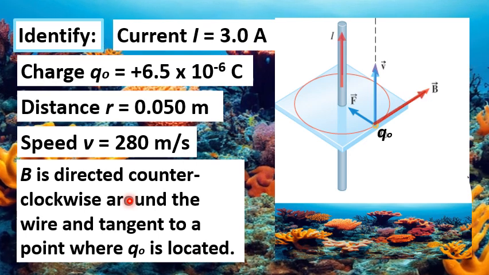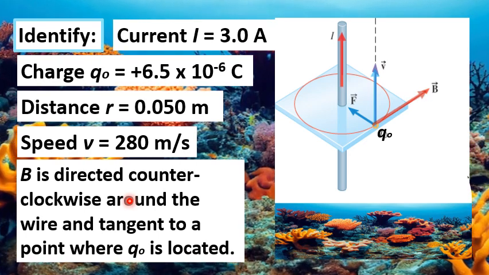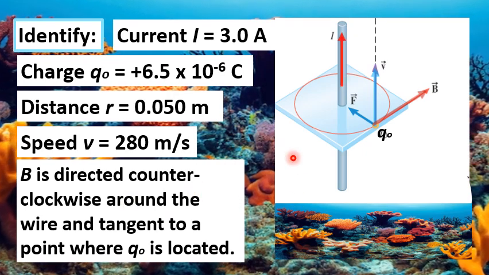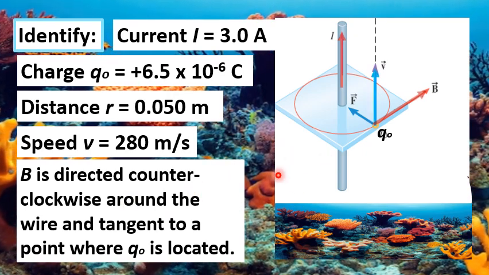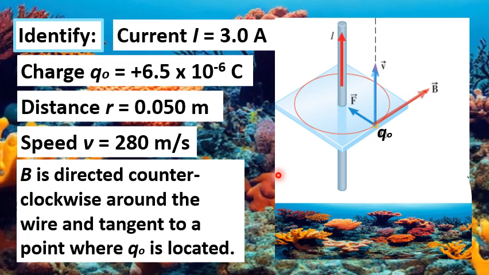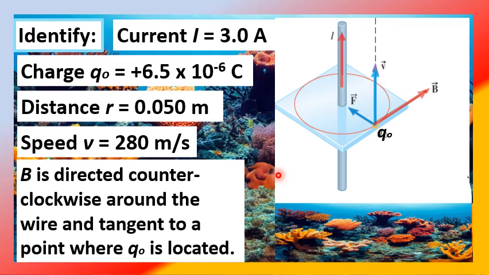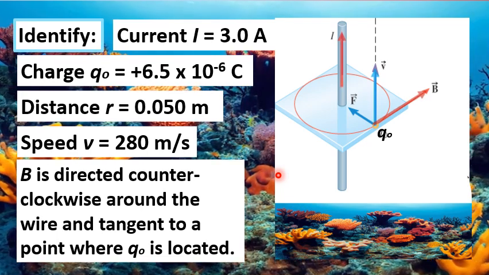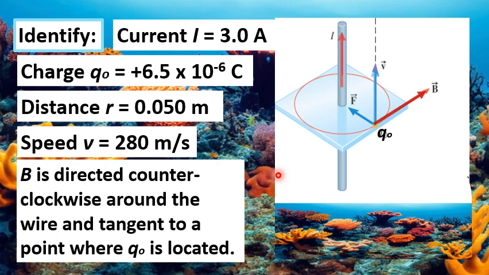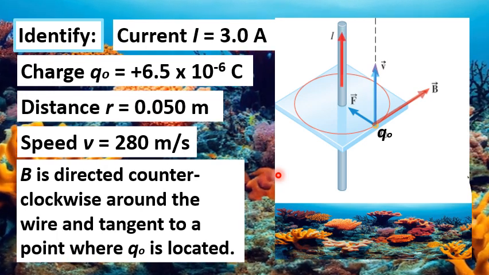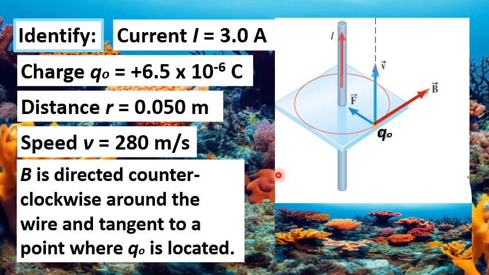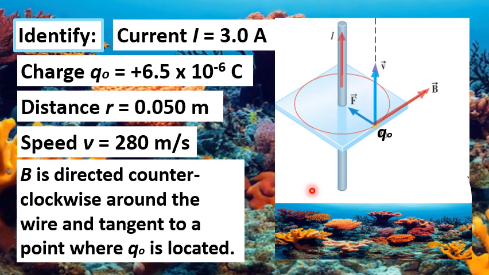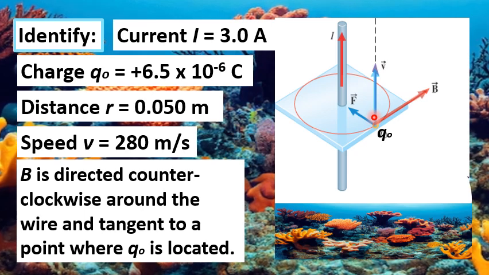Hence, at the point where Q naught is located, the magnetic field B is tangent to the point. So the magnetic field B vector and the velocity v vector form a 90-degree angle.